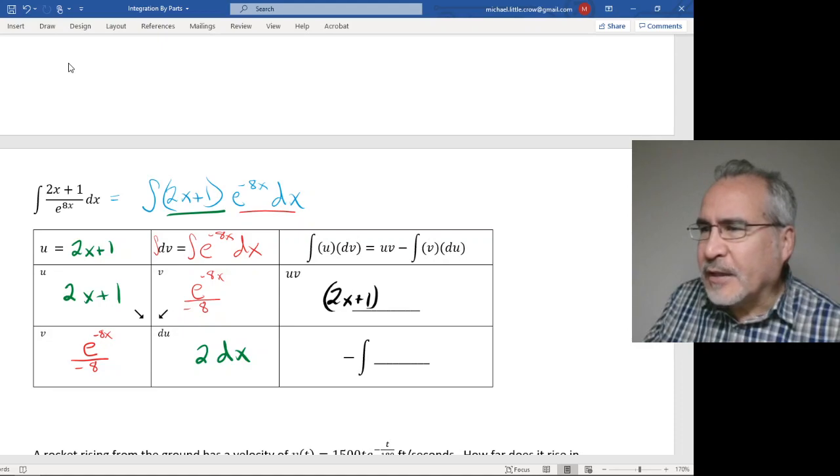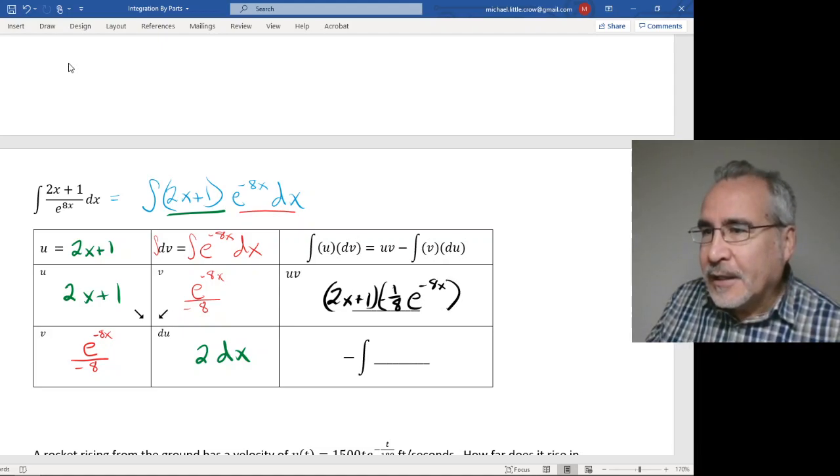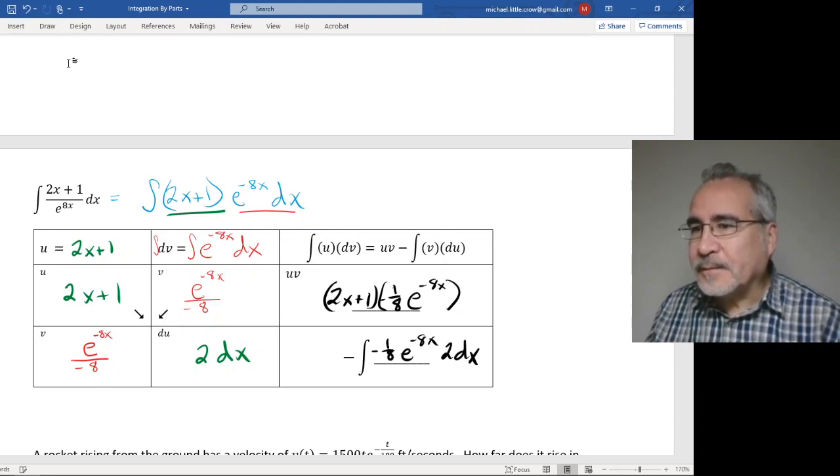I'm going to rewrite this. Didn't I write that like 1/8? I think I'll put that there, e to the minus 8x. We'll do like that. Do the same thing here: minus 1/8 e to the minus 8x 2 dx.